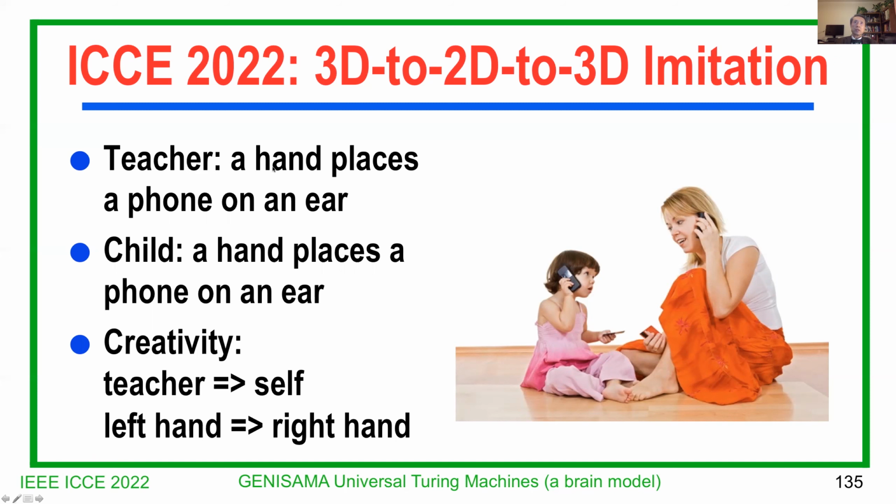The teacher in this example has a hand place a phone on the ear, and the child imitates, also placing a hand with a phone on the ear. The creativity for the child in this case is that teacher becomes self, and left hand becomes right hand.